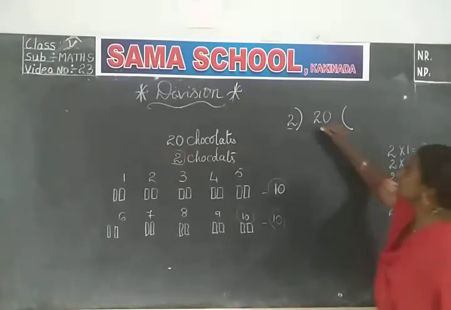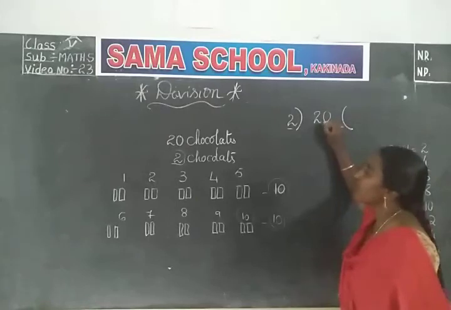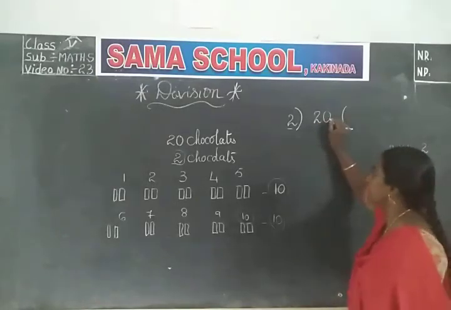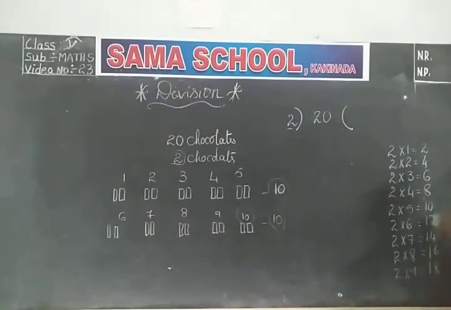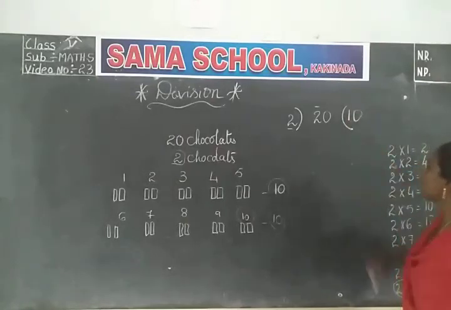Yes. What is the given number here? How many chocolates are there? 20 chocolates. So, did you find 20 here? No. See, so we have to take the first number, or otherwise we can continue the table also. 2 tens are 20. So, how many times is 20 there in the 2 table? 10 times. So, 10 we have to write here.